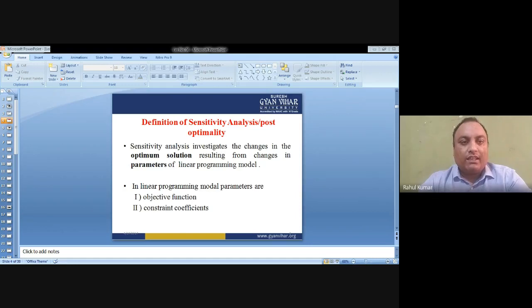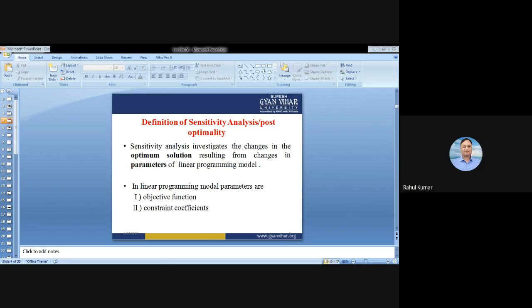First case, changes in the non-basic variables, which take the value zero in the solution. For this example, the non-basic variables are x1 and x3 in this problem, or x1, x2, just like these are the non-basic variables.